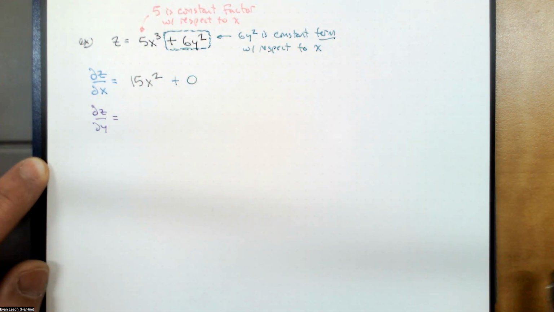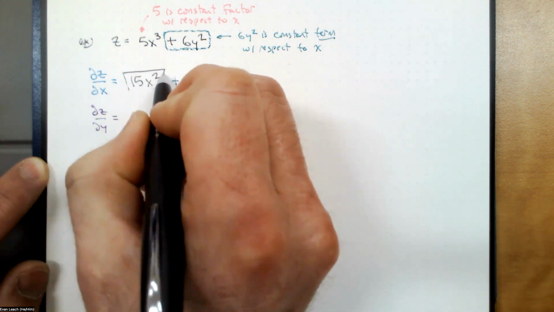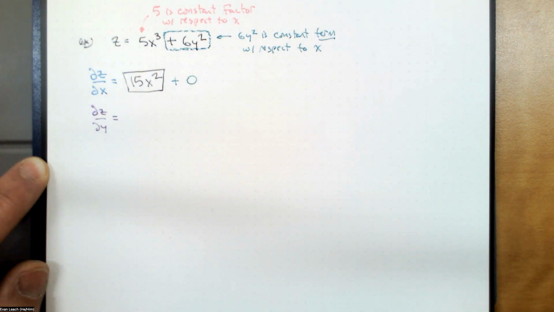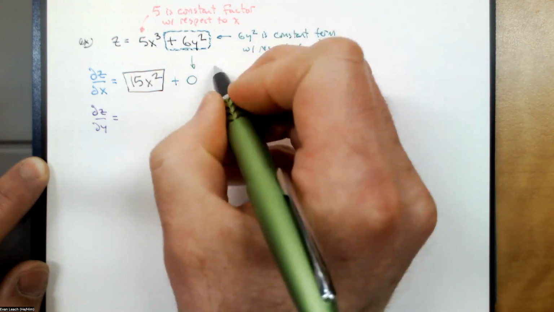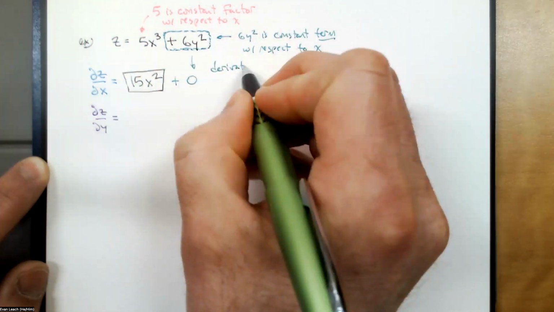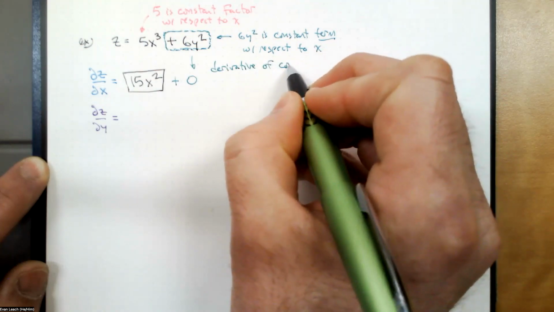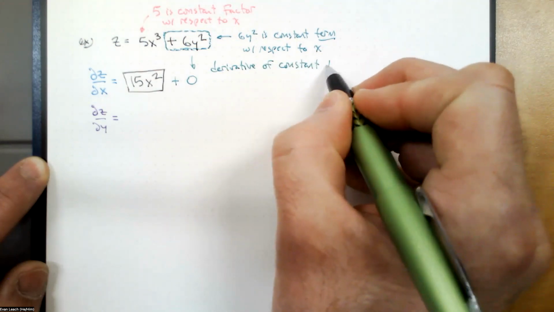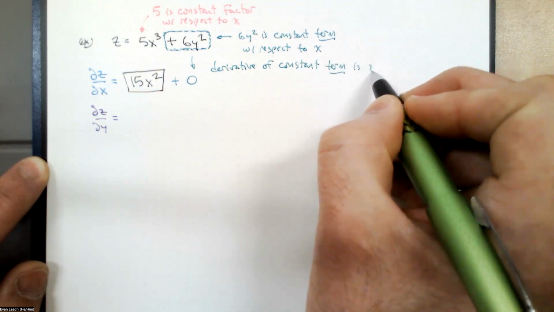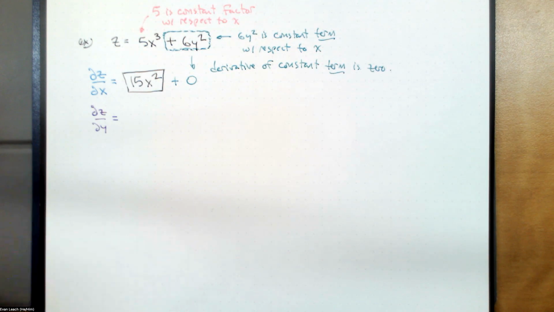We wouldn't write that. I'm just trying to emphasize that. I almost wrote an exclamation point after the 0, as if to be shouting. But you have to be careful because you would read it as 0 factorial, and someone would ask, if the derivative of a constant is 1, which is equal to 0 factorial, then why did you write 0?